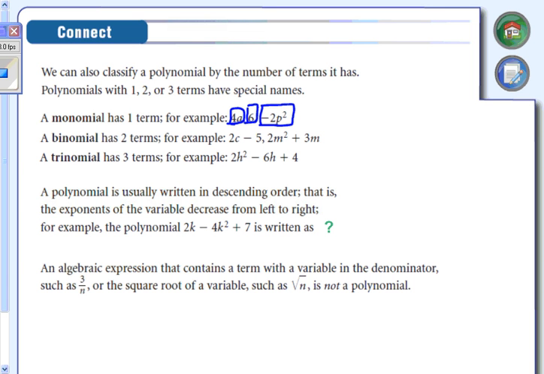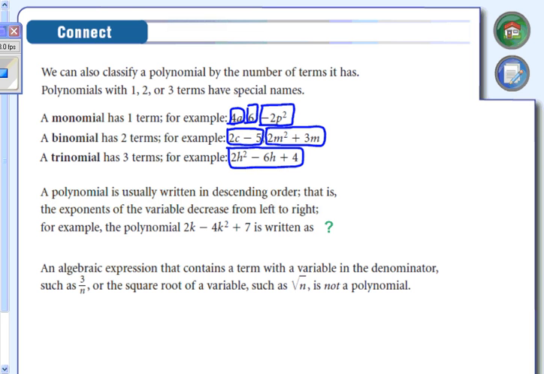Binomial, just like a bicycle, 2 wheels, right? 2 terms. So 2c minus 5 is a binomial. 2m squared plus 3m is a binomial, 2 terms. And then lastly, trinomial, tricycle. 3 wheels, 3 terms.